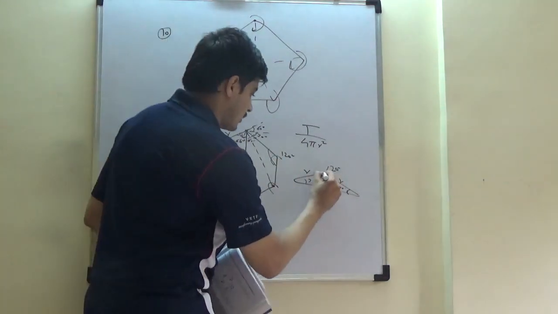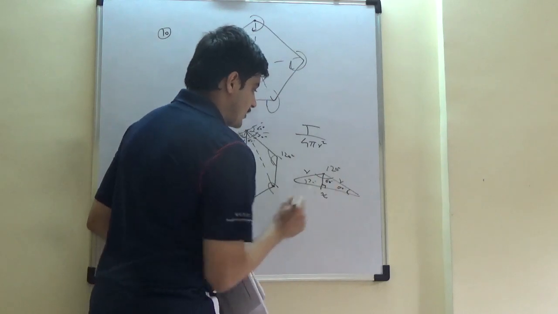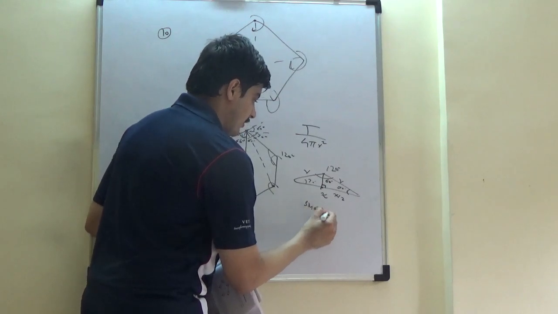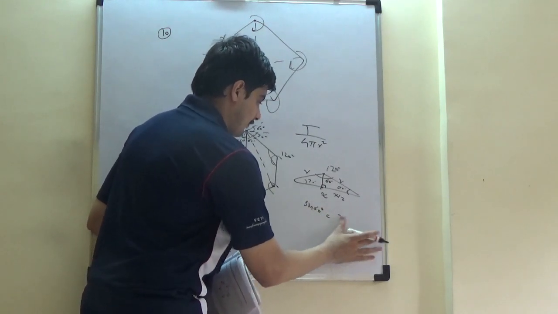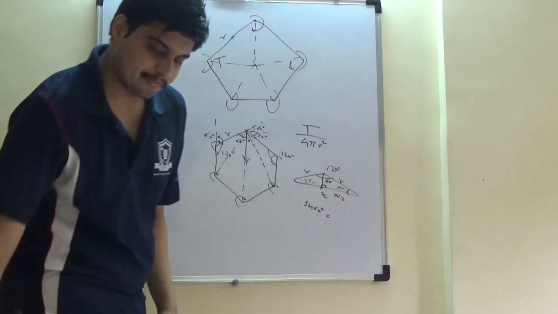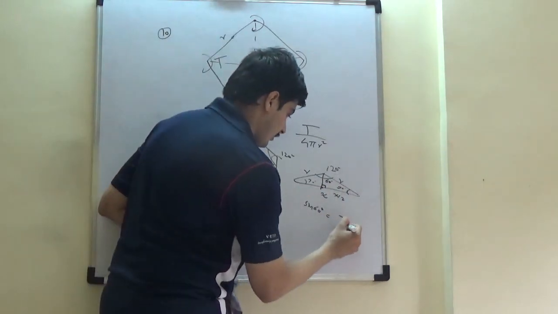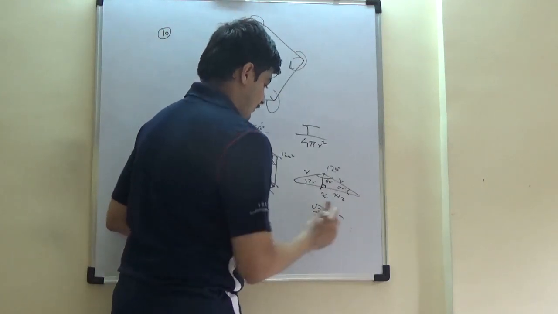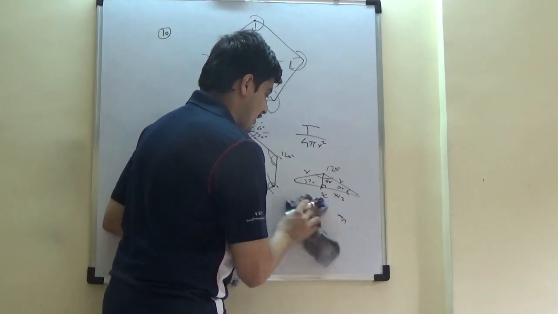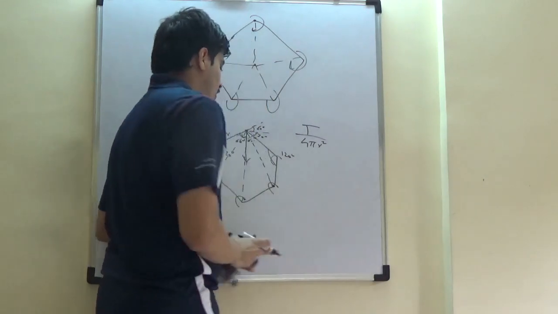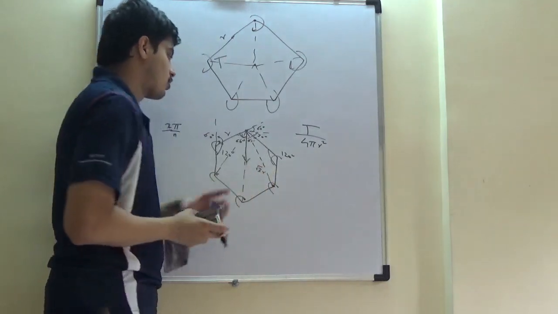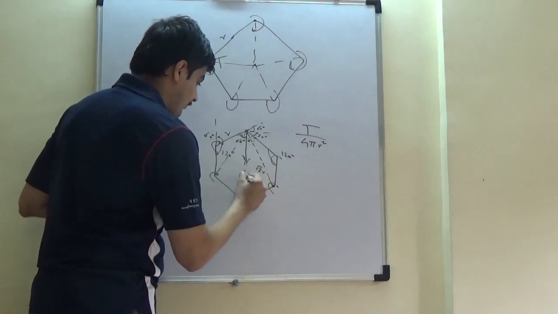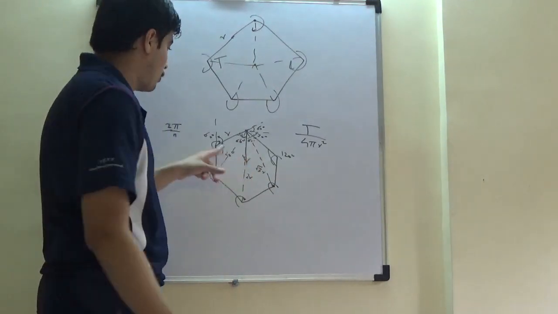How would you solve this? Draw a perpendicular. This is 60 degree. Now this is x by 2. So sine 60 degree is x by 2 upon r. But sine 60 is root 3 by 2, right? So x is root 3 r. So this is root 3 times r, and this is 2r. Correct? See what I am doing.